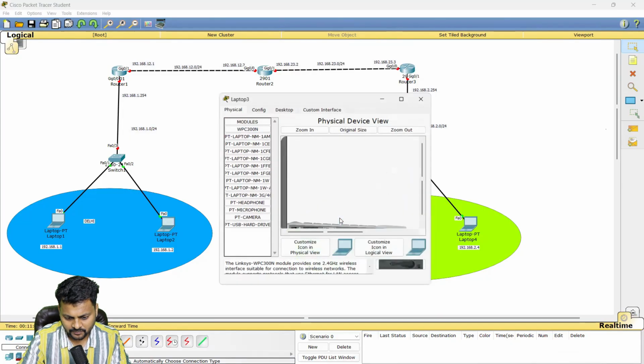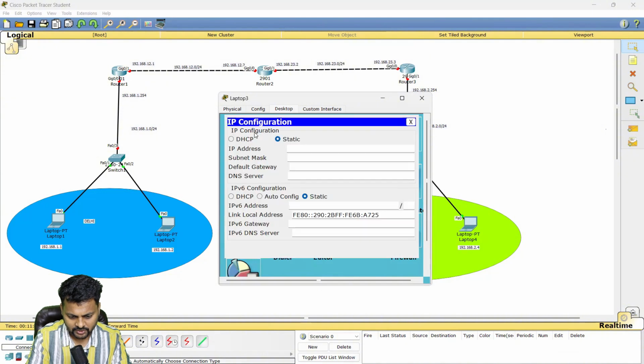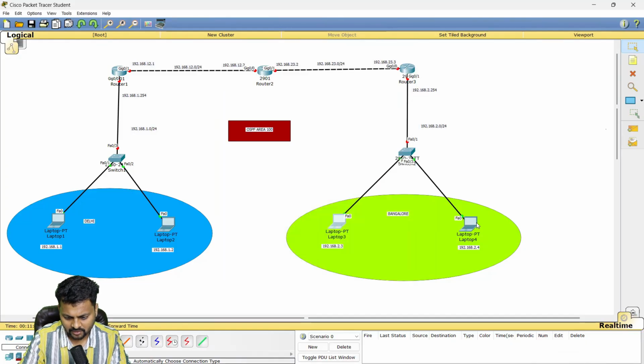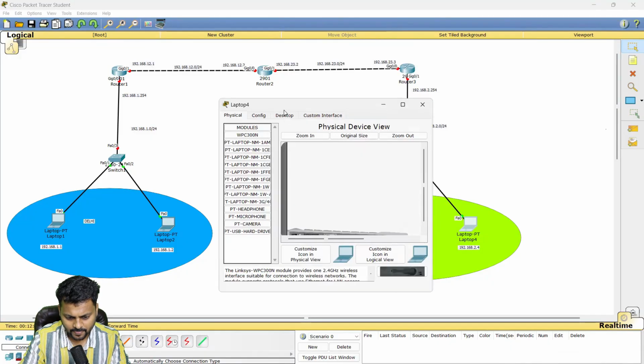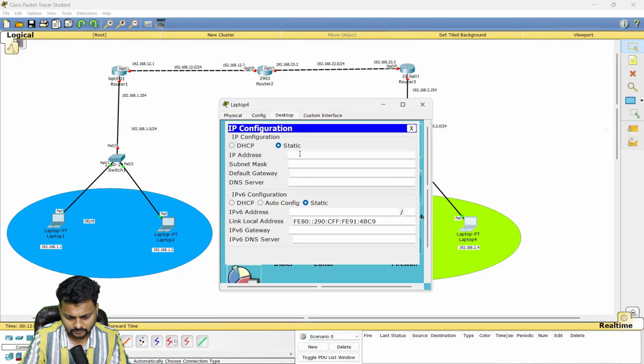Same thing I need to configure on PC number 3, this would be 2.3/24, and this will go with 2.254. That's good. And the same way on PC number 4, 2.4/24 and 2.254.